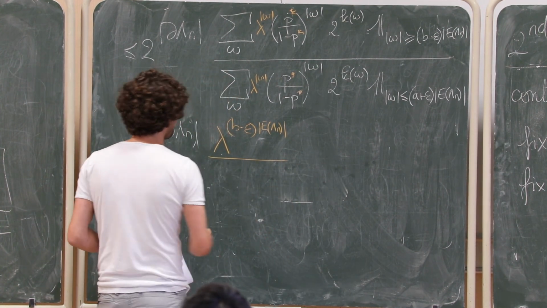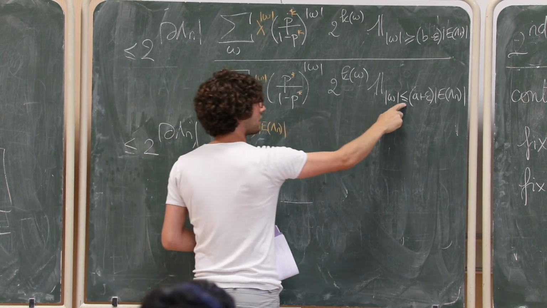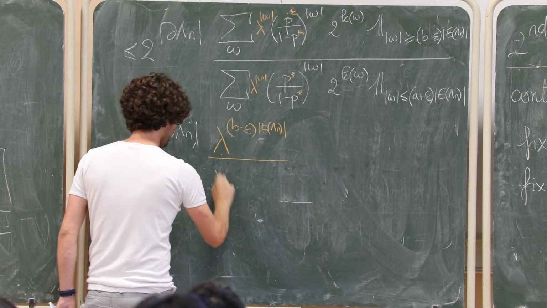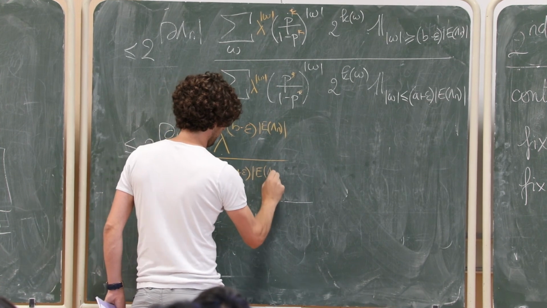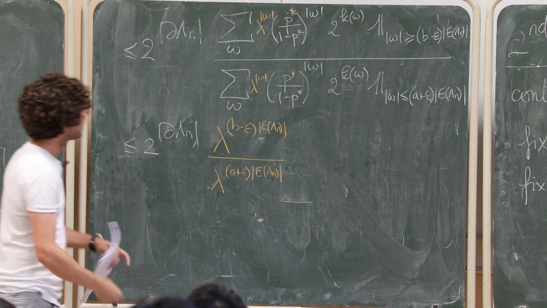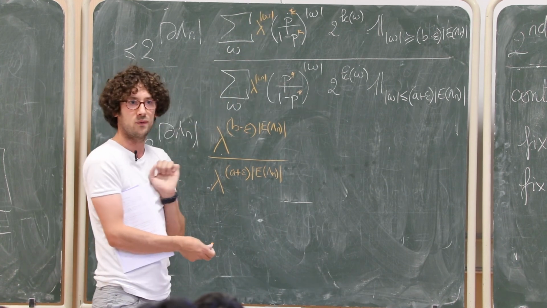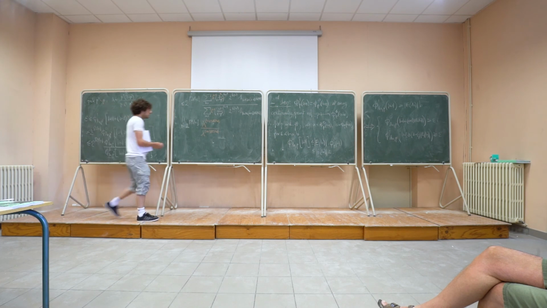Kind of. Okay, here on the opposite, omega is smaller than a plus epsilon e of lambda n. So I get a plus epsilon e of lambda n. Okay? And now I get the ratio without this guy, the ratio of these two things. But this is exactly going back to this.